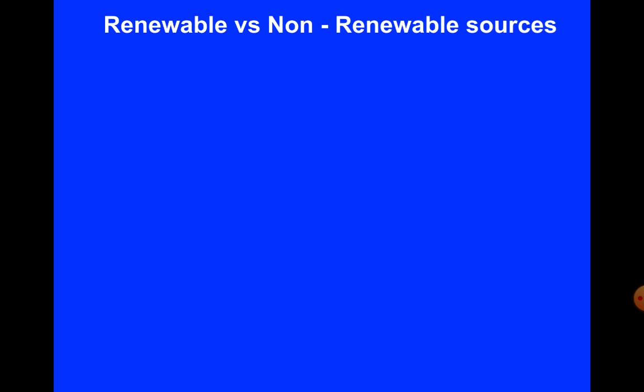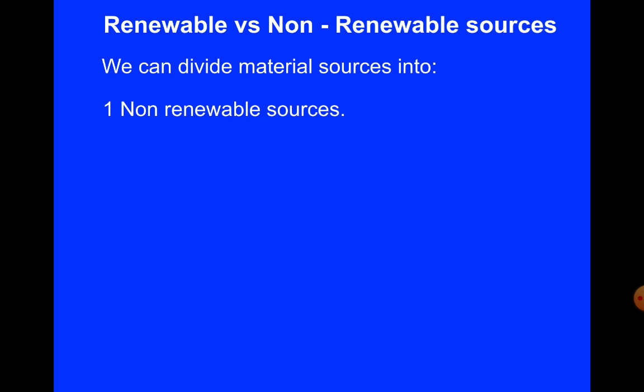In our next topic, we will talk about renewable versus non-renewable sources. We actually can divide material sources into three types. We have the non-renewable source, the renewable source, and the potential renewable source.